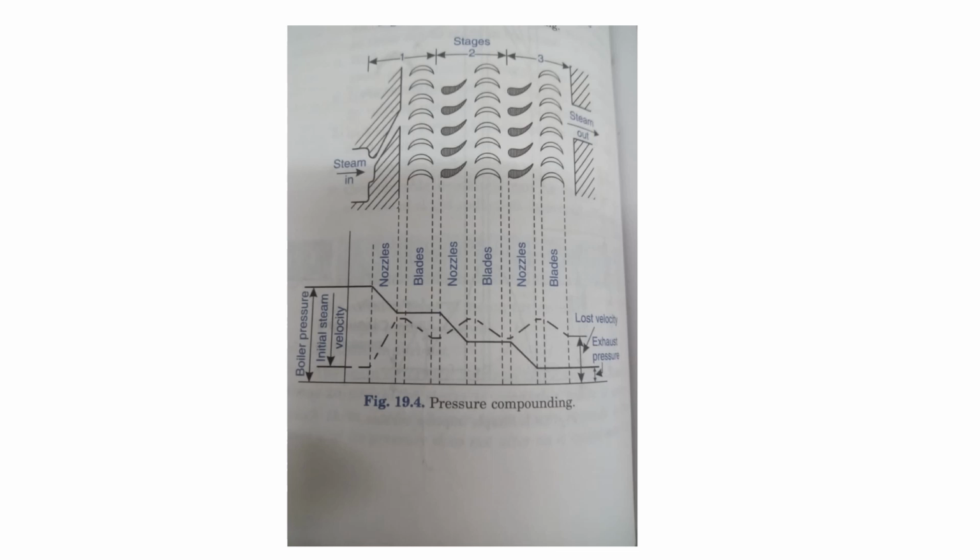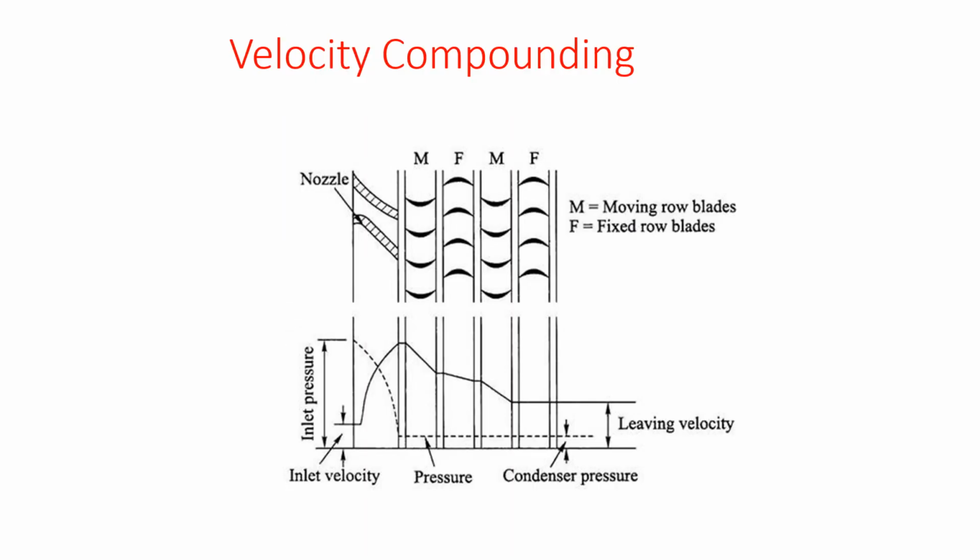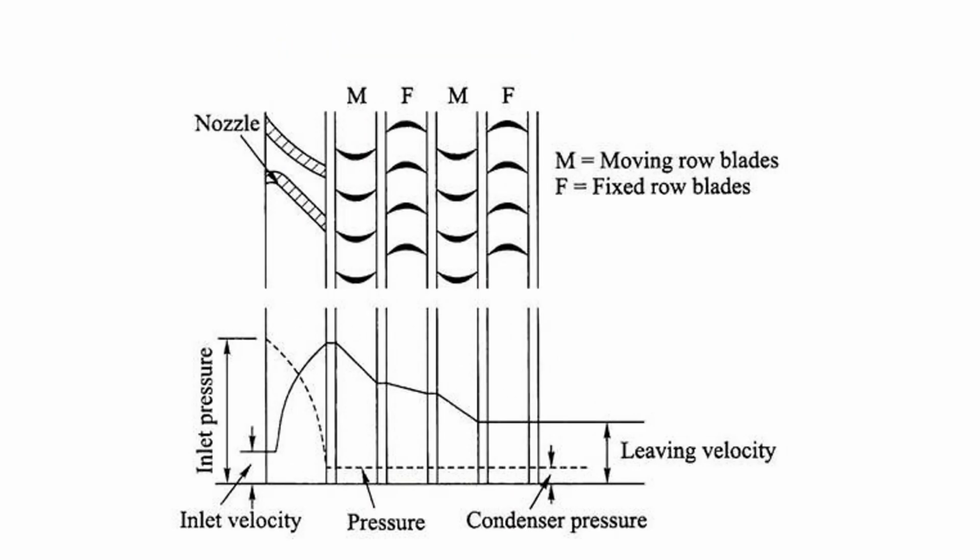This is the pressure compounding, how the pressure is lowered stage by stage. Across the nozzle the pressure reduces, at the fixed blade it is constant. Nozzle reduces, blade constant. Nozzle reduces, blade constant. This is called pressure compounding. Already we have seen velocity compounding.